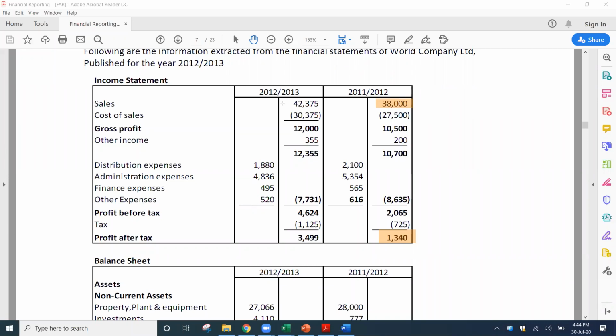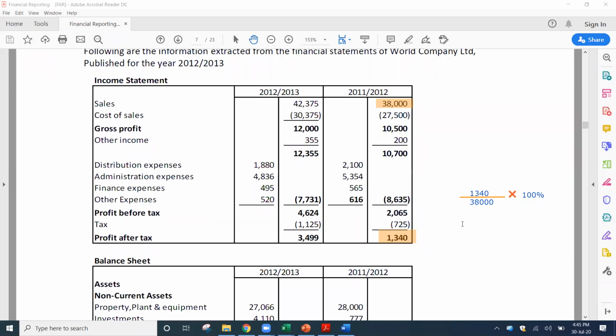So that means 1,340 divided by 38,000 into 100%.